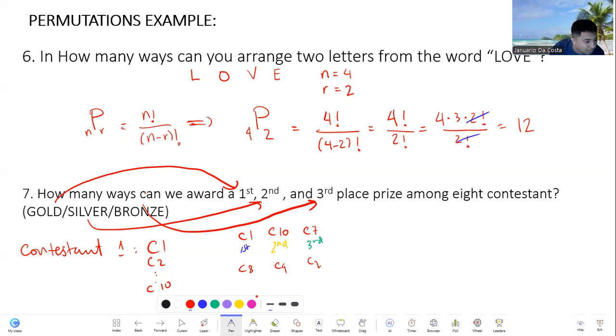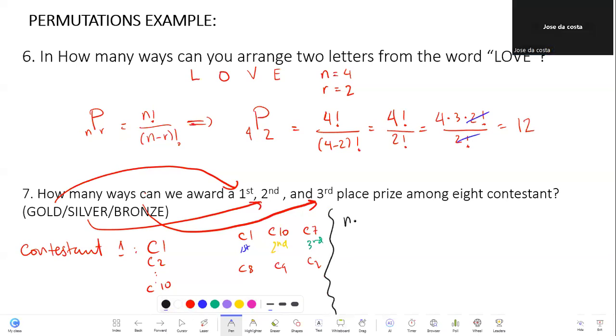Now, before we calculate that, I need to ask, what is our N here? 8. Yes. What is our R? 3. Because you have N different people and you want to take 3 different arrangements from the 8 people. 3 means first, second, and third.